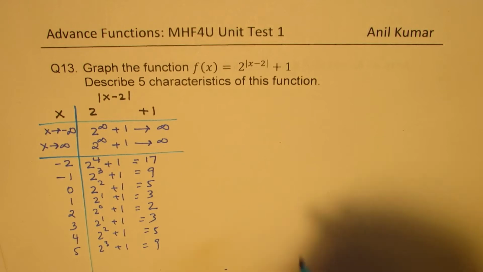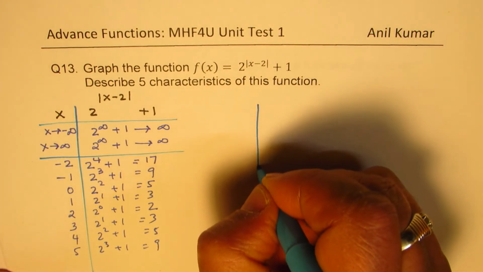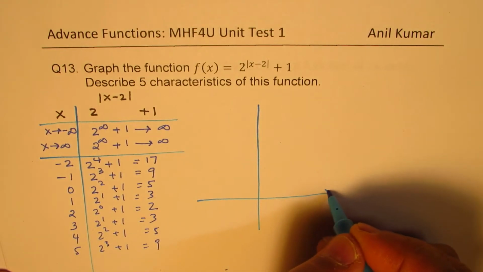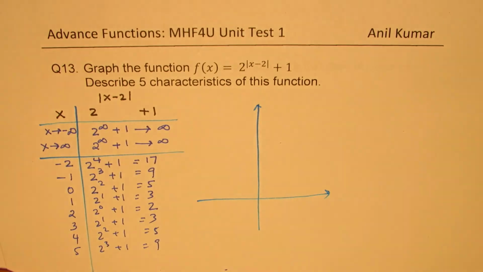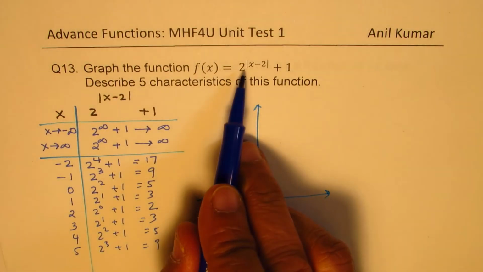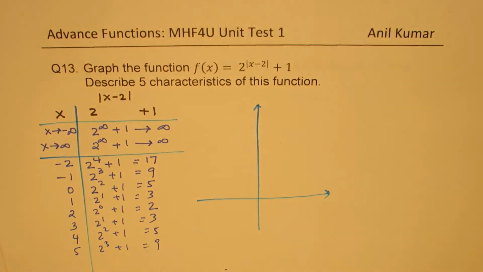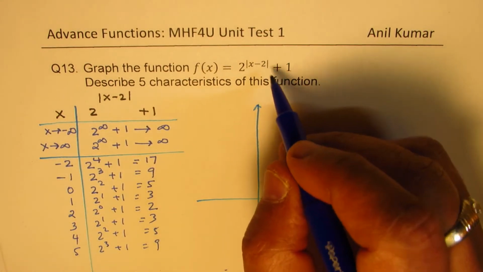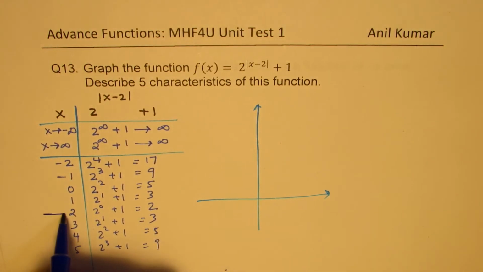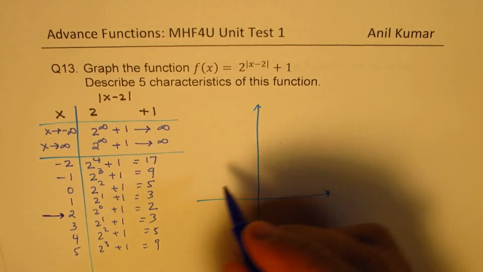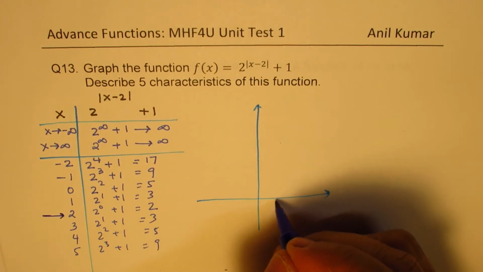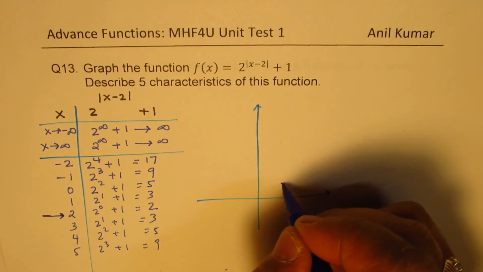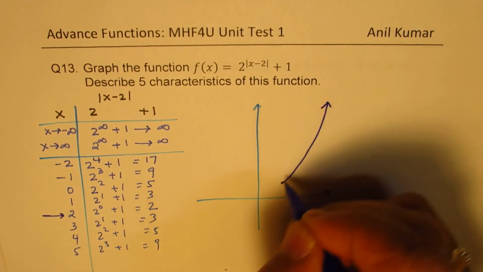Now with these values, let me sketch the graph here, and then we are going to write down the characteristics. We see that all the values will be positive, right? Since it is 2 to the power, it is more like a parabola, which shifted 1 unit up, right? And symmetric about this particular point. So we know that the minimum is at 2, let's say this is 2 for us, right, 2, 2. Then the graph will be kind of like this.